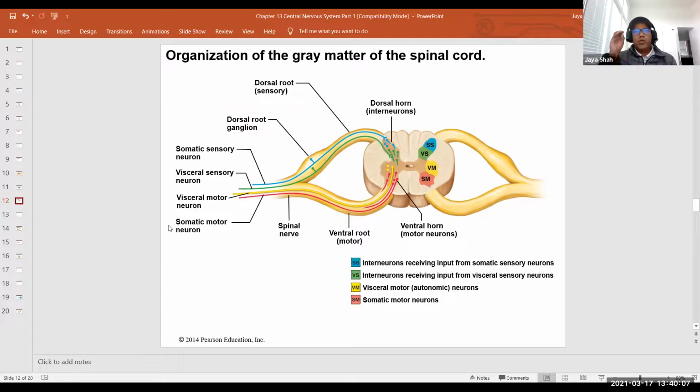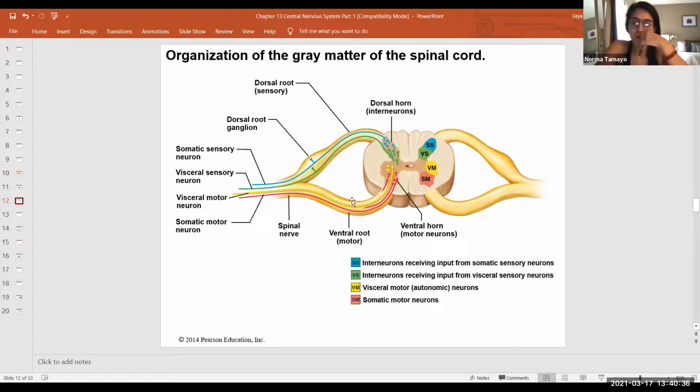So the summary is, in the spinal cord, different regions have different kinds of white matter and different kinds of gray matter responsible for different functions. And they are organized based on whether it is sensory from the body wall or sensory from the visceral organs, and motor to the body wall or motor to the visceral organs.